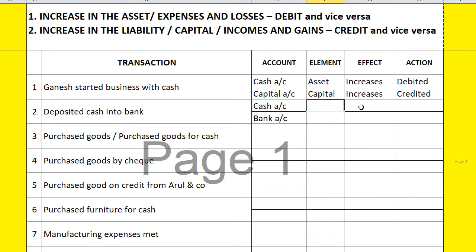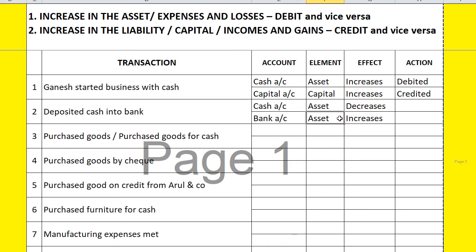Cash is an asset. Bank is also an asset. When we deposit money, what happens to us? Whether our money decreases or increases? Decreases. Am I right? Yeah. In the bank balance, whether it increases or decreases? Increases. Good. So cash account, asset decreases.